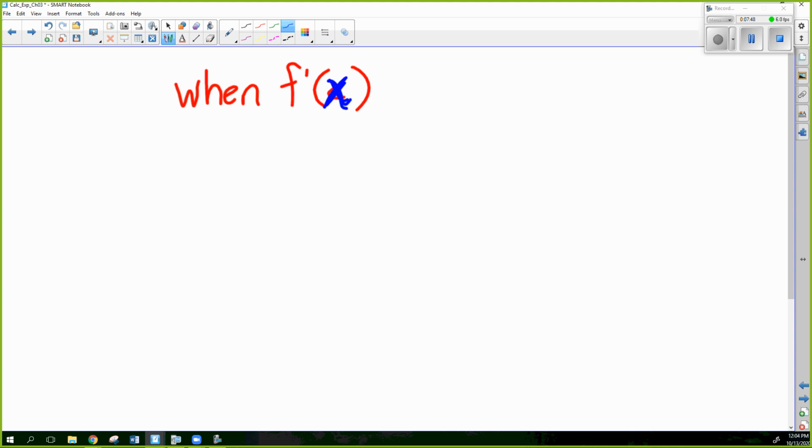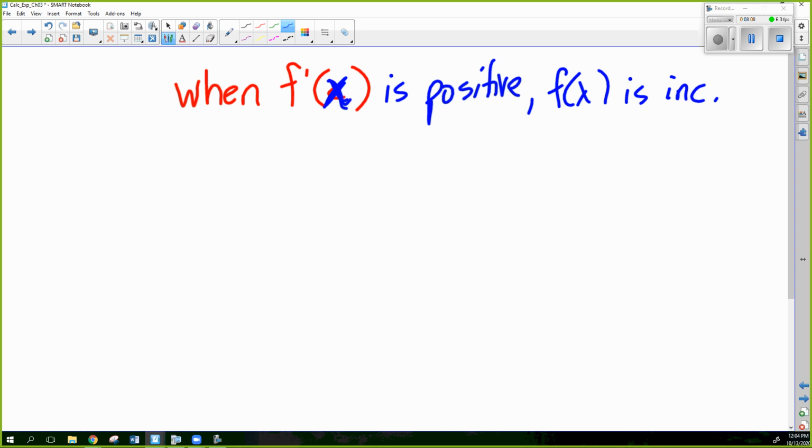F prime of x is positive, the original graph, f of x, is increasing.